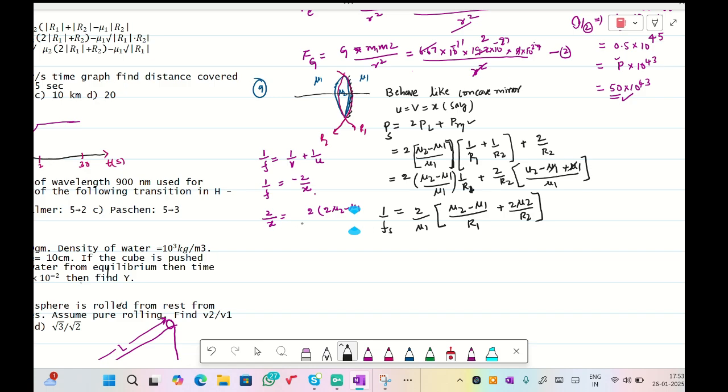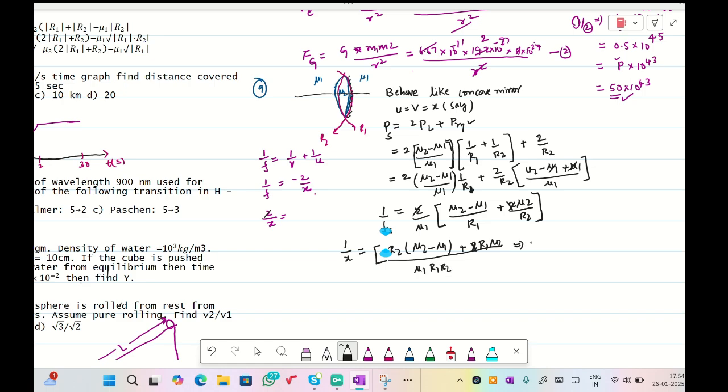The focal length of the system is equal to 2 by x here. Now x is equal to, this is the answer. Therefore 2 gets cancelled. Then 1 by x is equal to, here these 2 get cancelled. 1 by x equals, taking R1 and R2 also common, R2 into mu2 minus mu1 plus R1 mu2 by mu1 R1 R2.